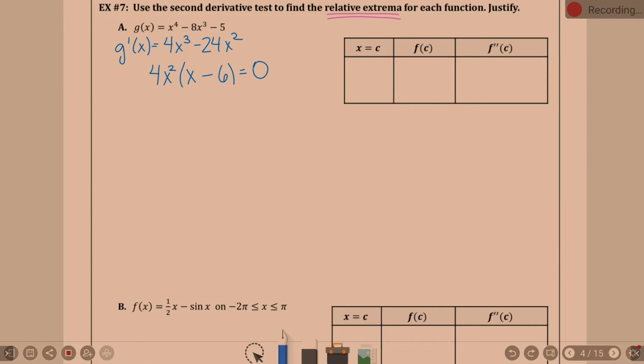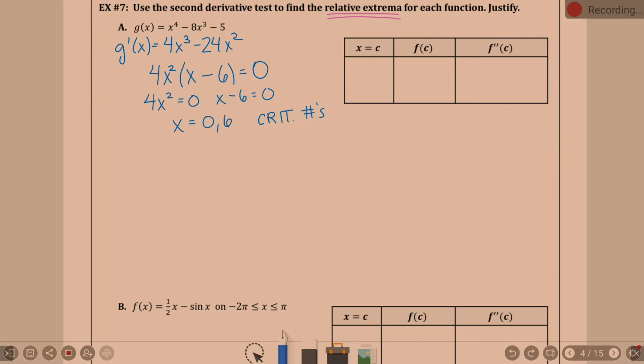Factor out 4x squared. We're left with x minus 6. Set each part equal to 0. And we get critical numbers at 0 and 6. Those are your critical values, critical numbers, critical points, whatever you want to call them. Those are the points that could possibly be mins or maxes, right?